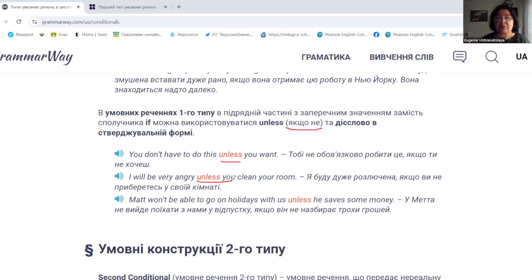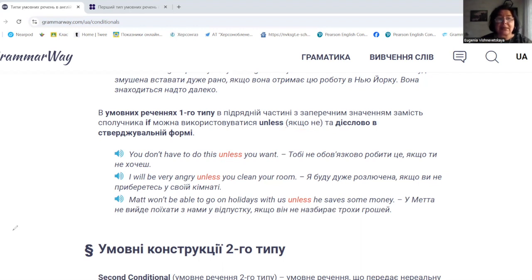Sometimes, instead of future simple, instead of will, we can use modals, can, may, must, and so on, or imperatives. Give me this book, stand up, help me, call me if you have time. And instead of if, we can use the word unless, but unless is negative in its meaning, so we can't use another negative particle in this part of the complex sentence.